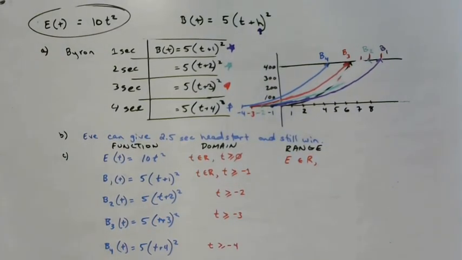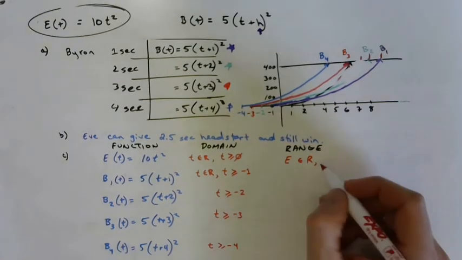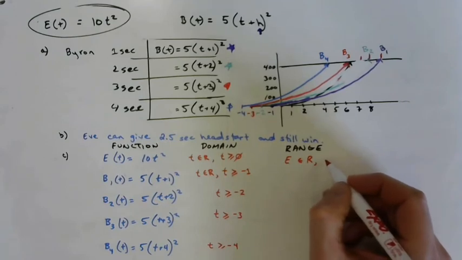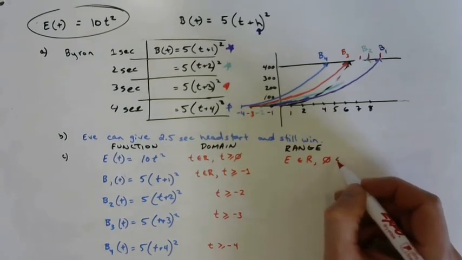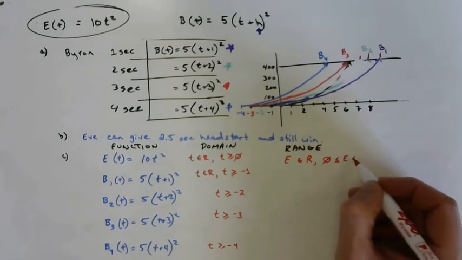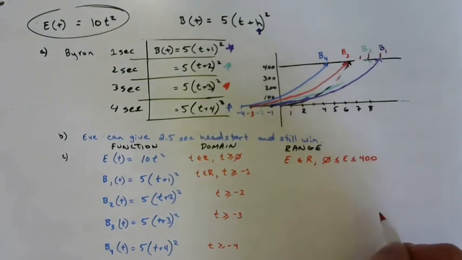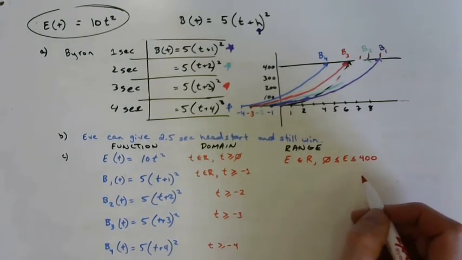Greater than or equal to 0, and less than or equal to 400. So put 0, and then e is going to be greater than or equal to that, and then 400 is the top limit. She's done at 400, right? The race is over, so that's the end.